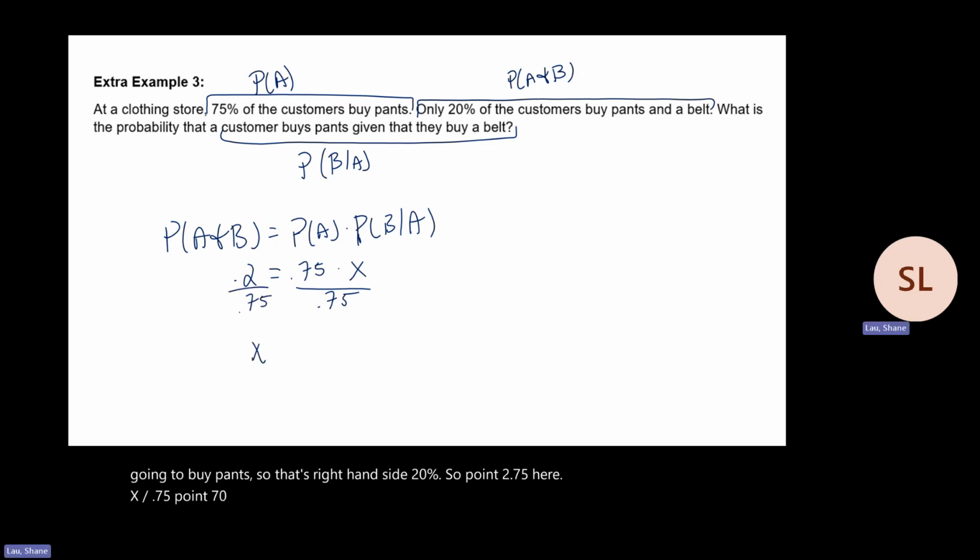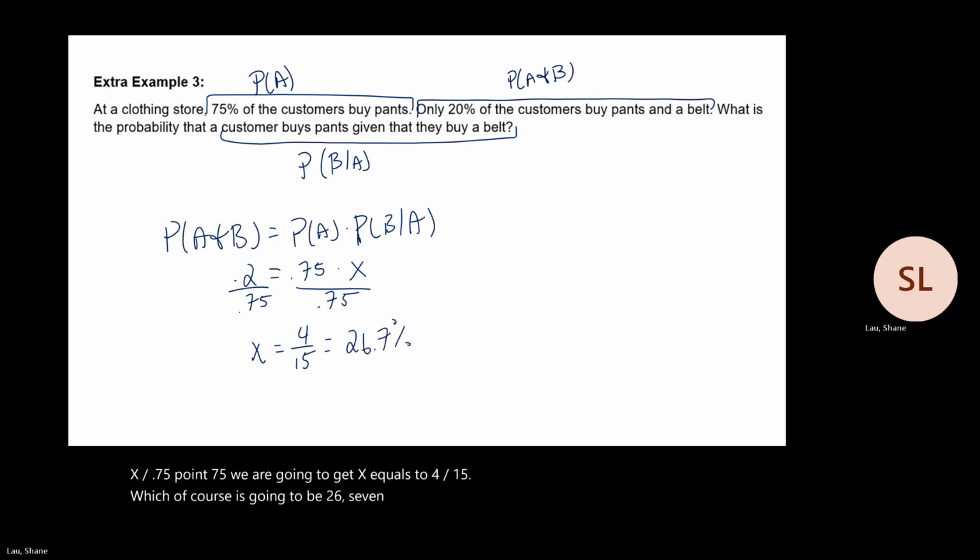We are going to get X equals 4 over 15, which is about 26.7%. Okay, very nice.